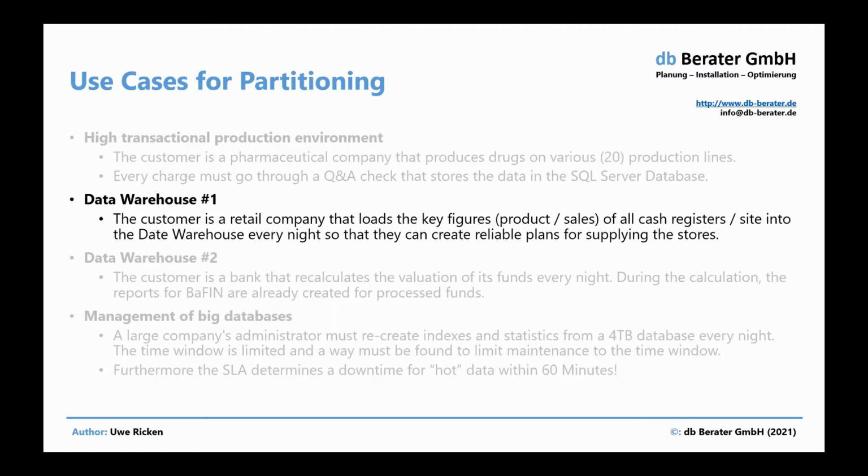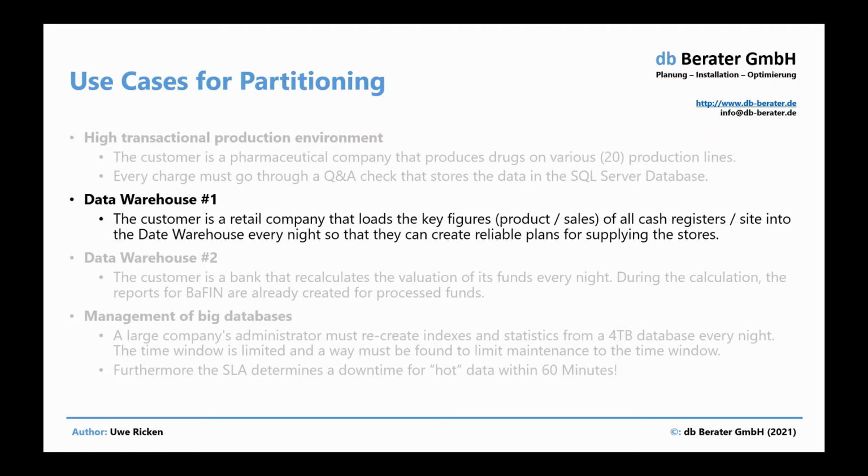And this is this workload here. So the customer is a retail company, and that loads key figures, so product sales of all cash registers all over Germany. So we are talking here about a big, big, big supplier with over 1,000 supermarkets. And every single cash register downloads its file on an FTP server, then it gets uploaded and pushed into the database every night.